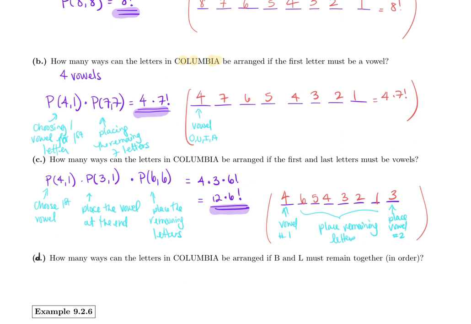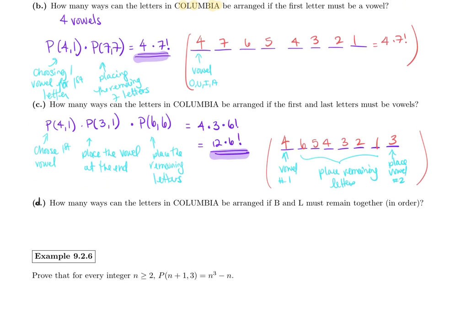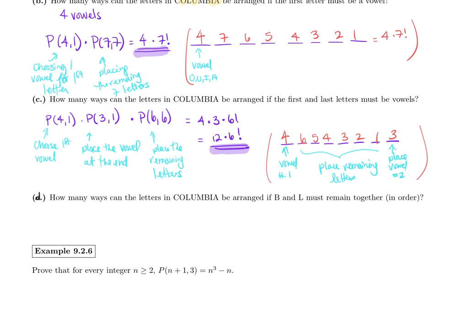Well, this is kind of cool because the way that we can simplify this, it sounds very complicated, but that's because now we consider B and L together as one letter. So now we're really only having to place 7 letters. So we think about it, 1, 2, 3, 4, 5, 6, and 7. We'll first place the BL.